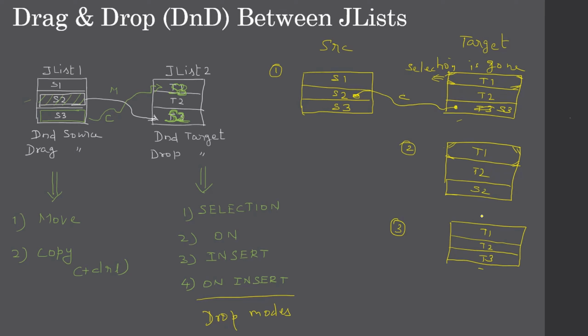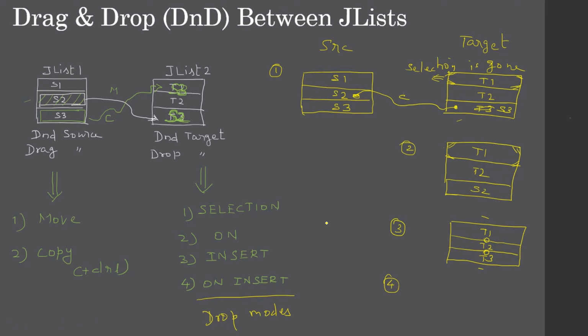Either here or that's in between. So that's what is called the insert option. And on insert, what we can do, we can select a specific item and we can replace it. So this is the same insert option, but you can replace the item with on insert. So these are all the drop modes.